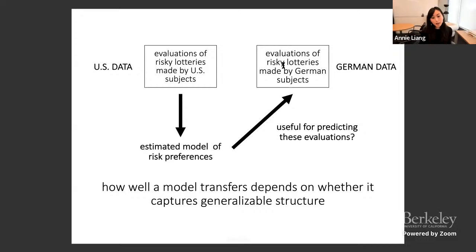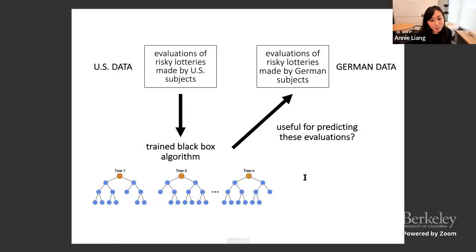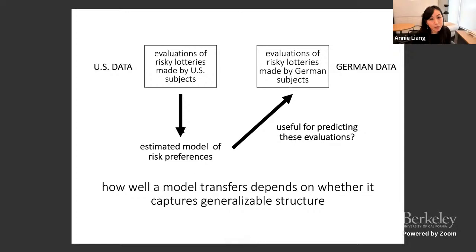Now, how well a model transfers is going to depend on whether the model has captured generalizable structure that holds across these different domains. And this property of whether a model is in fact transferable has become, I think, more interesting as of late, now that people are increasingly using black box algorithms in place of these economic models.